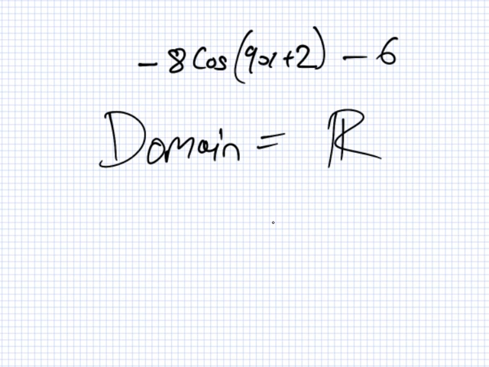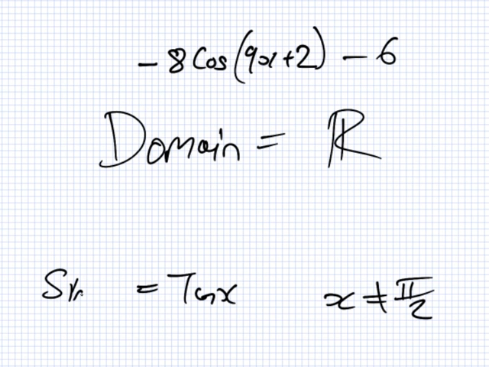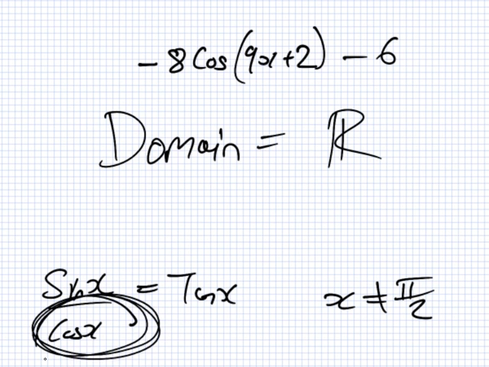Why? You can put anything into cos. There's never a problem, just like sine. Not true for tan. Because if you have tan x, you cannot put in 90, because remember, tan is sine over cos. So the domain means you can't use anything that might make it 0 here.